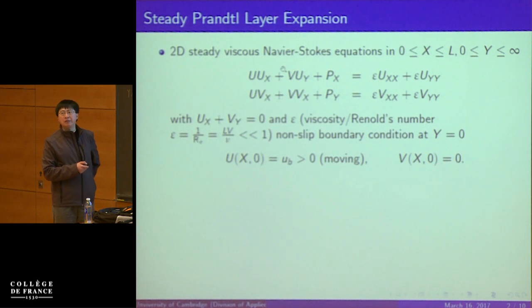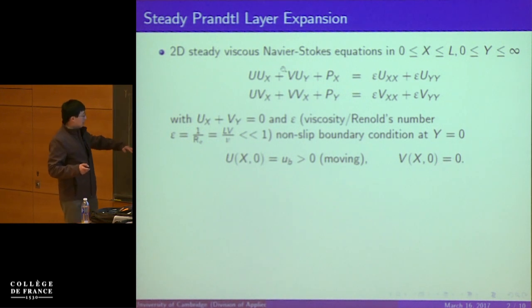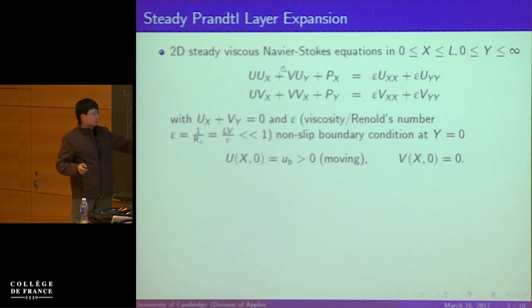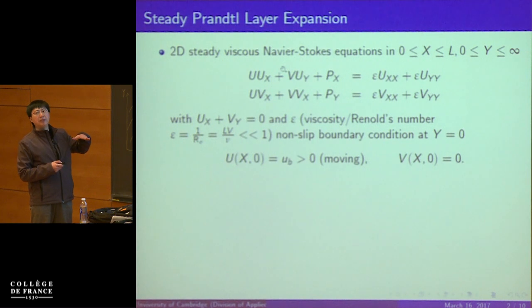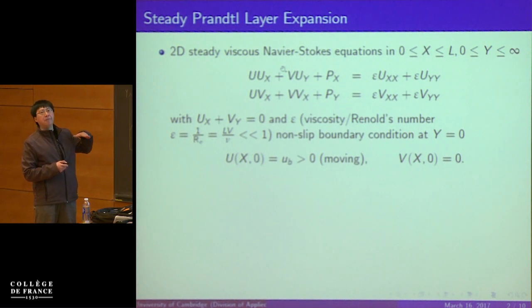The normal velocity should be 0 because the boundary we assume is just moving this way. In the classical case, u_b should be 0. That means you have a motionless plate, a motionless boundary. So this is our setup.